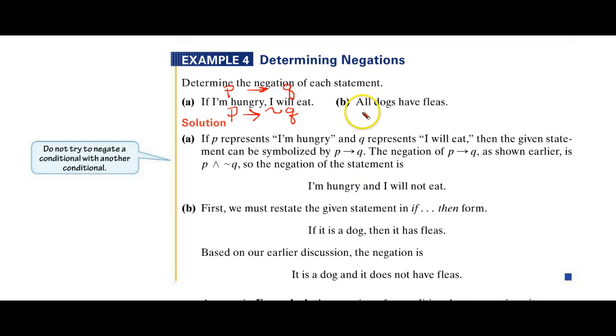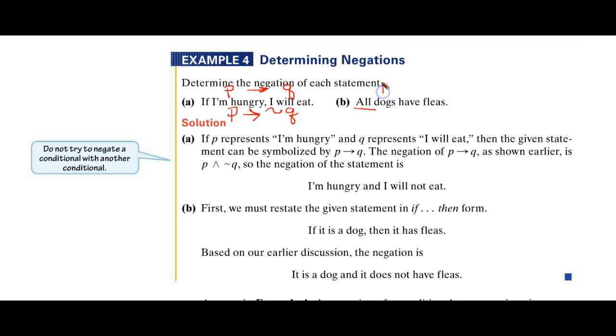Now in looking at part B, all dogs have fleas. This is a generalized statement. So we would have to put it first into an if-then form. If you are a dog, then you have fleas.